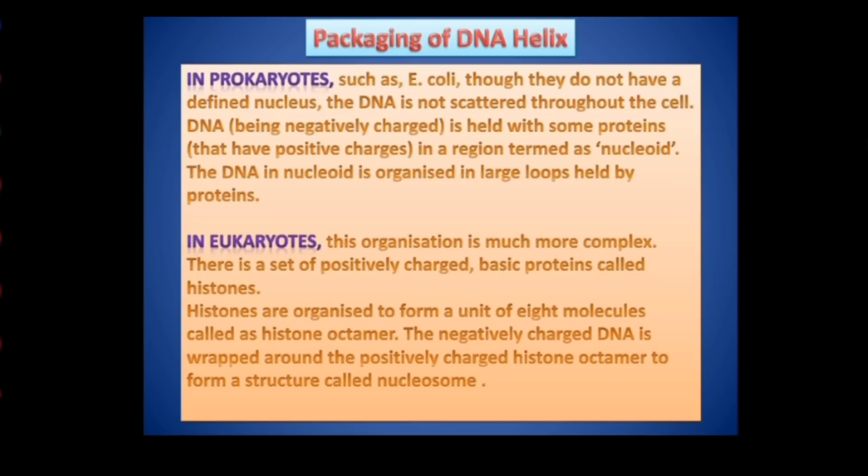The total number of base pairs in a typical mammalian cell is around 6.6 × 10^9, right? Yesterday we saw that the distance between two base pairs is 0.34 nanometer.